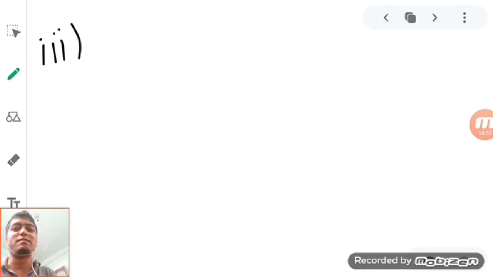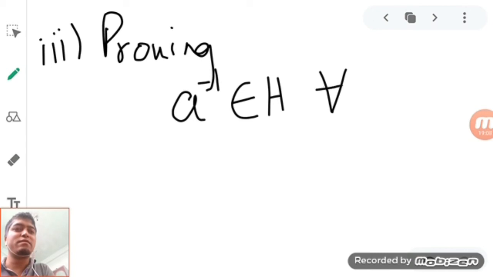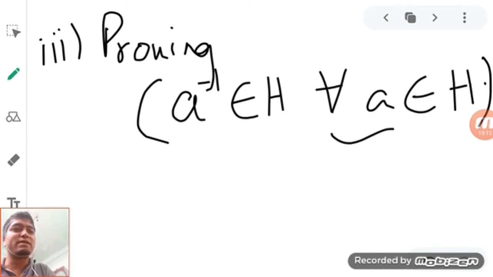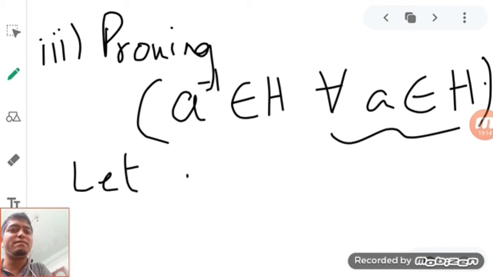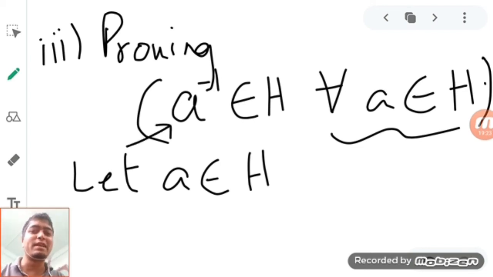The third condition, we need to prove that a inverse belongs to H for all a belonging to H. Again we will start with: let a belong to H. After a few lines, we need to get a inverse belongs to H, but you have to be very careful with what a inverse is, because it was with respect to addition.